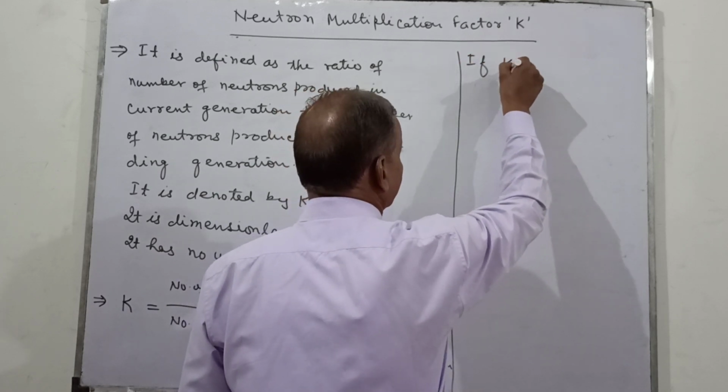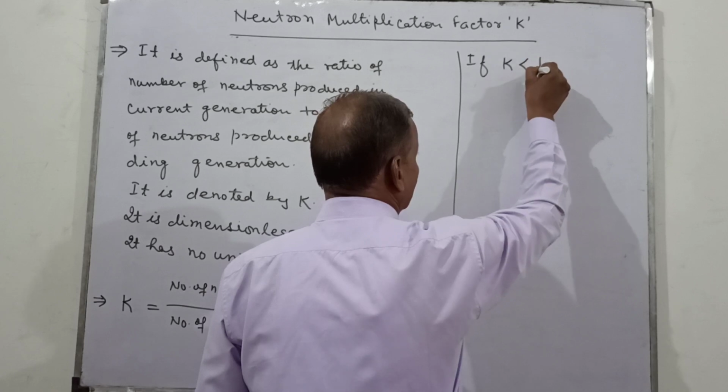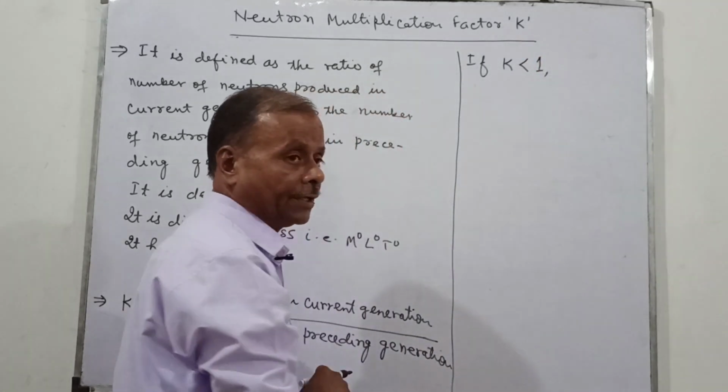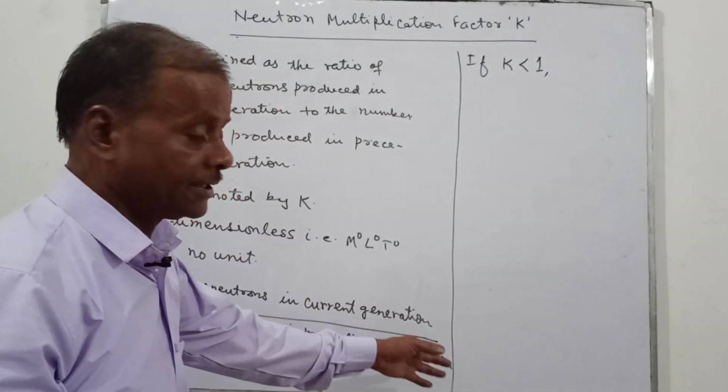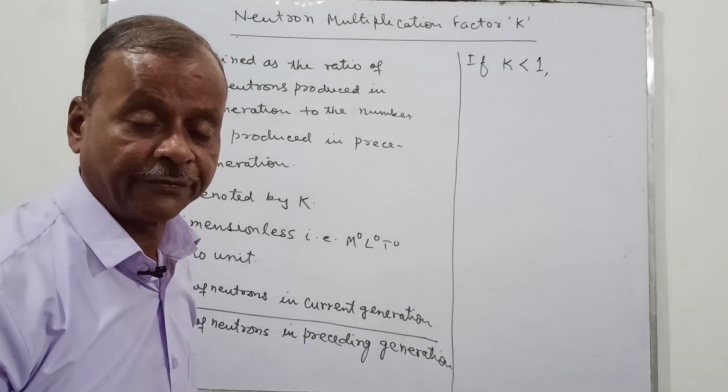If K is less than 1, it means that no neutron is available for the further fission.